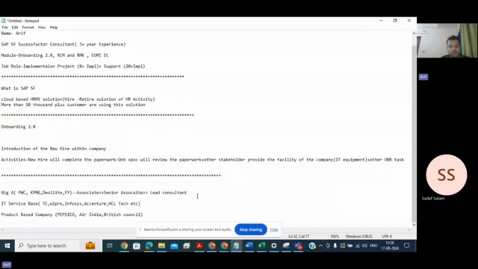Like this you will move up the ladder. Basically you have to focus on grabbing a job as an associate consultant. The associate consultant experience ranges from 0 to 2 years. You need to focus on this particular role.